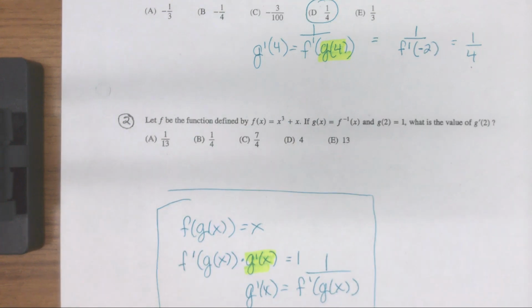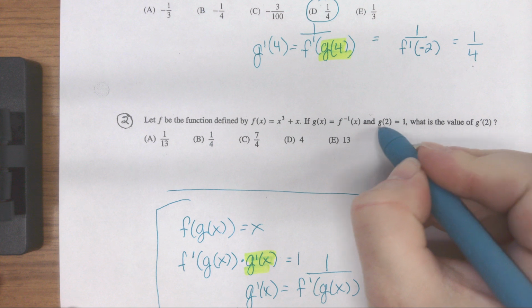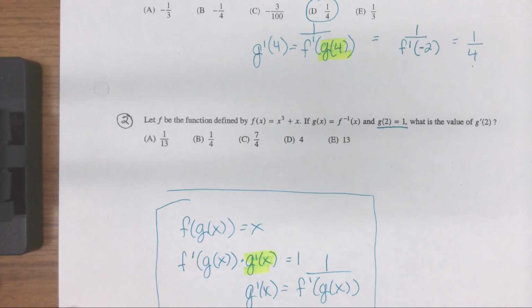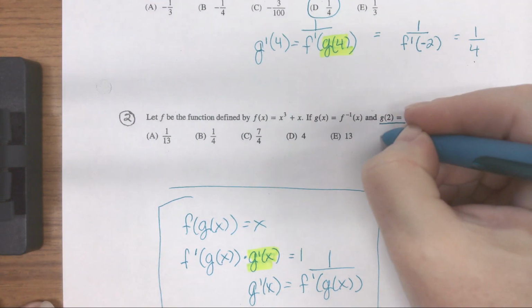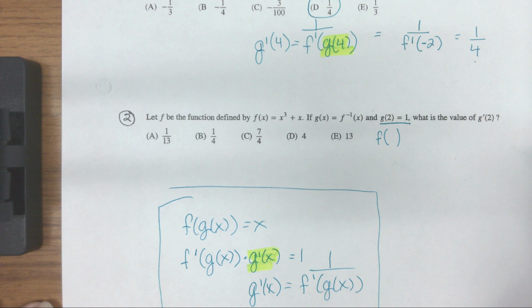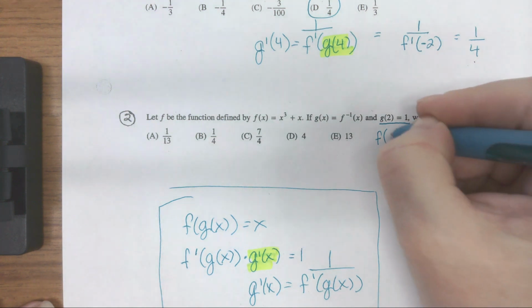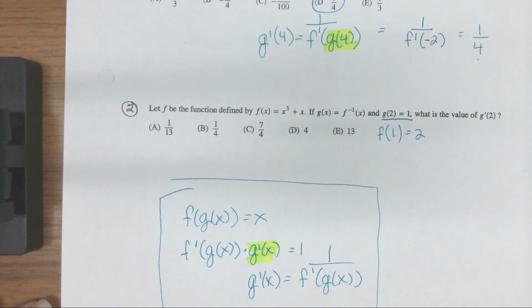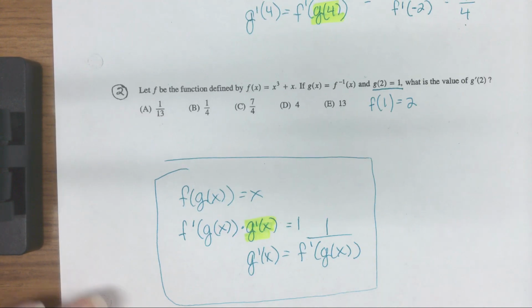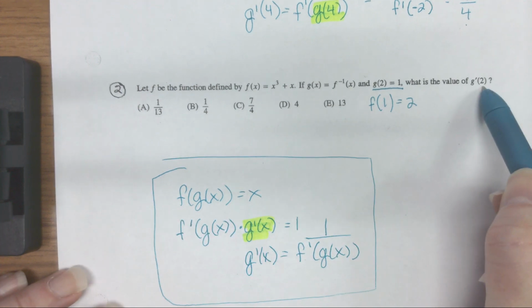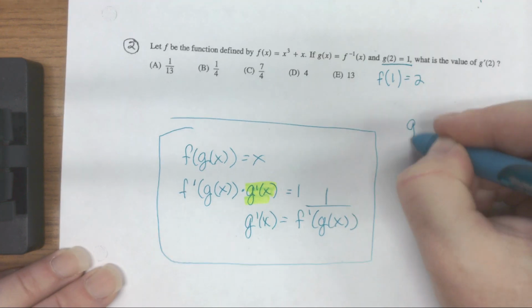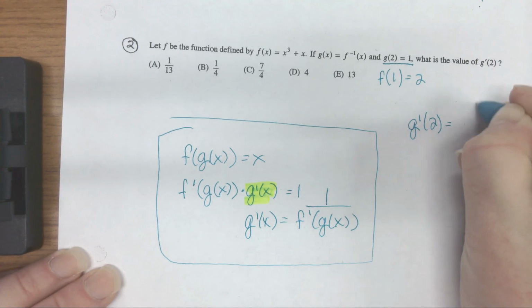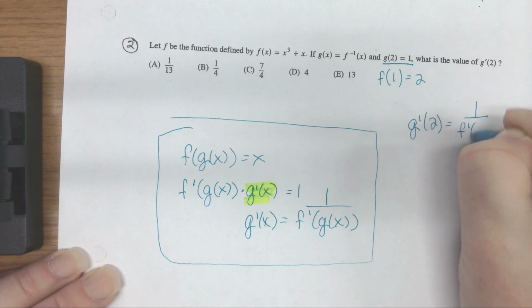The other thing I want to point out is, without any work, if g of 2 is 1, flip the point around. Give me another point. F of 1 is going to equal 2. I don't know if I'm going to use that, but if they tell me that, I should know that that's true. All right, let's see what it asks for. G prime of 2. So g prime of 2 is going to be 1 over f prime of g of 2.